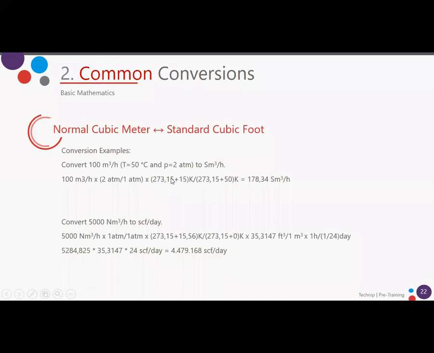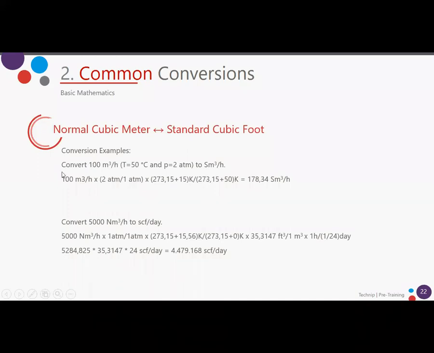Then again, we multiply that with the ratio of the temperatures expressed in Kelvin. So it is 15 degrees plus 273.15, the temperature of our gas at standard conditions, divided by the temperature at 50 degrees, the temperature of our actual gas flow, the 100 cubic meters per hour.